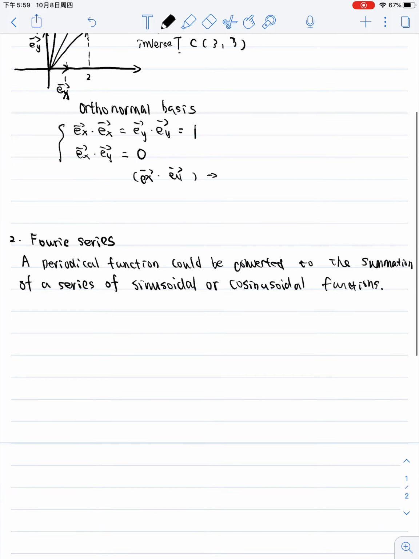Yeah, so any periodic function could be converted to sinusoidal or cosinusoidal functions.